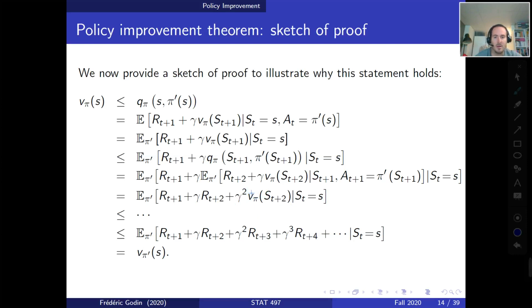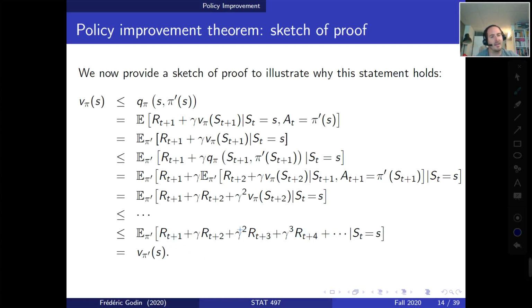Okay, so gamma to the power n times v pi of s_{t+n}, we assume that this will converge to 0 as n goes to infinity. That we will discuss in the next slide. But if we apply these steps, provided this last term converges to 0, then we have the following sequence of rewards.